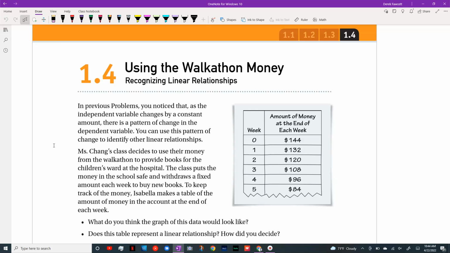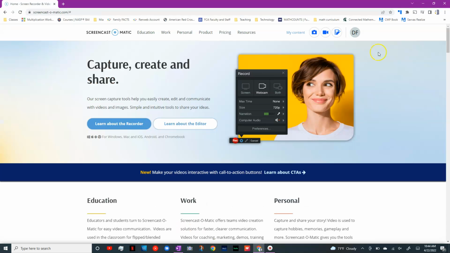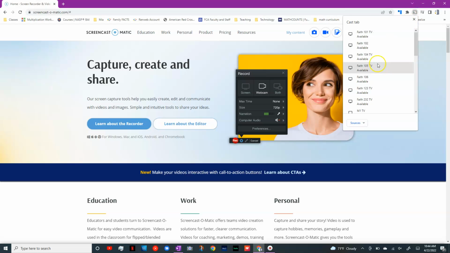Now I have this money from these pledges. Like in this case, now we have on day 0, we have $144. All right, and then these questions just kind of ask different roundabout ways of what happens if you spend this much per day, what happens if you spend that much per day.